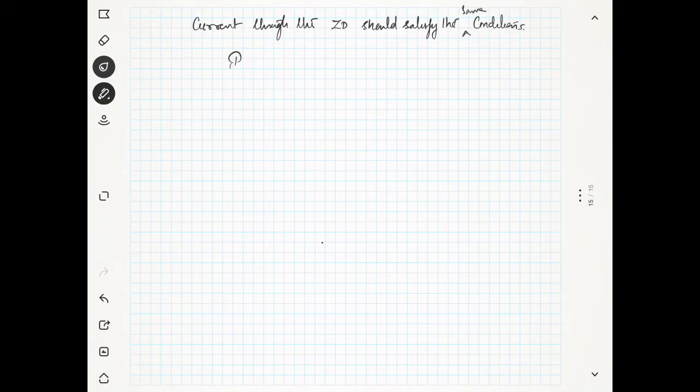The current through the Zener diode should be greater than or equal to Izk, then only it will turn on, and the current should be less than or equal to Izm. If it becomes greater than Izm, then it will be damaged.